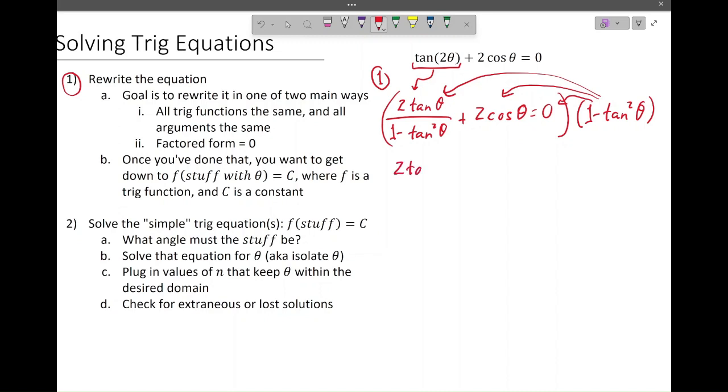So I have 2 tangent plus 2 cosine, and just for the sake of making it clear, I'll not distribute it yet, and then I'll distribute it in the next step. So now I'll distribute.